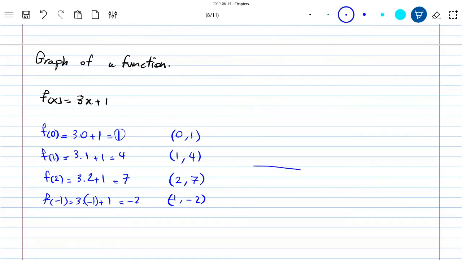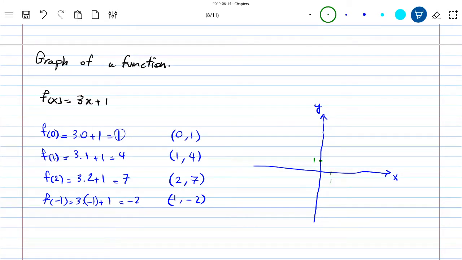And now that you have a bunch of points, you can draw them in the xy coordinate system. And say, okay, this is the x-axis, this is the y-axis. Let me draw these points. 0, 1: 0 for x, 1 for y. That's a point here. Let's assume this is 1. Then 1 and 4.